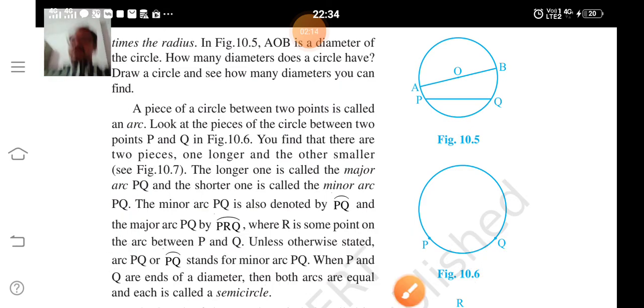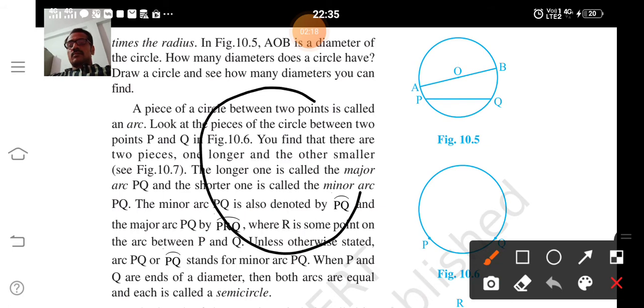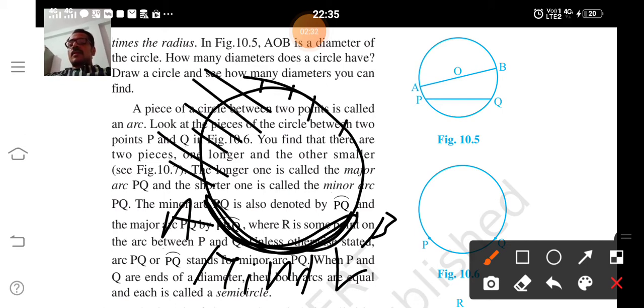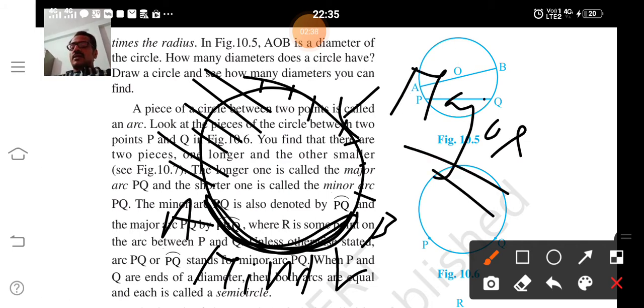Now there are three types of arc. A smaller piece of the circle is called a minor arc. A major piece of the circle is called a major arc.